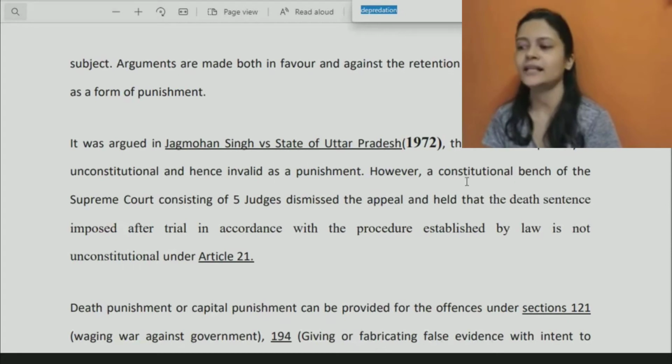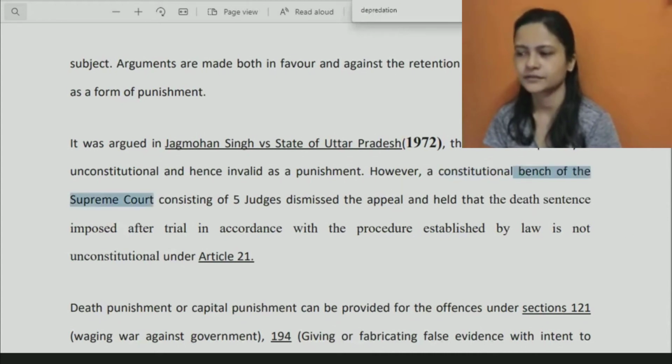But then a constitutional bench of the Supreme Court. Are you aware what a bench of a court is? Single bench, single judge, double judge, and like that. Yes, correct.